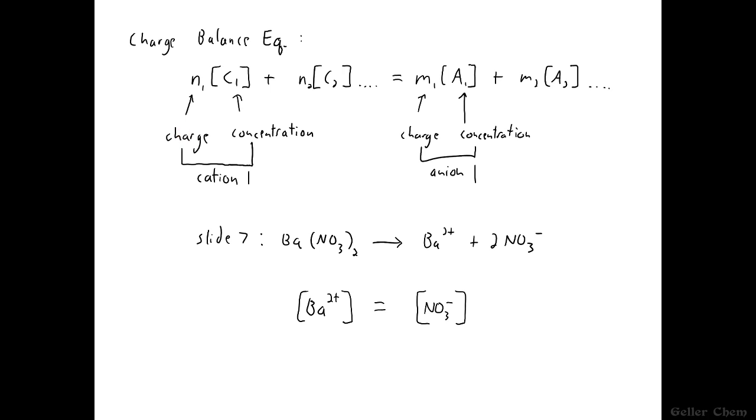Barium has a charge of 2 plus, so the coefficient we put in front of it is 2. Whereas nitrate has a charge of minus 1, so its coefficient is technically 1, although of course we don't need to write that. Notice we don't include the negative sign, because we're talking about concentrations. They should be objectively positive. It's like I'm taking the absolute value of that charge.